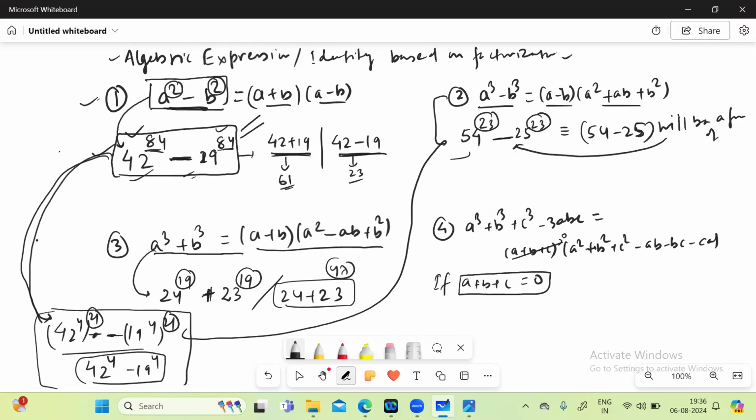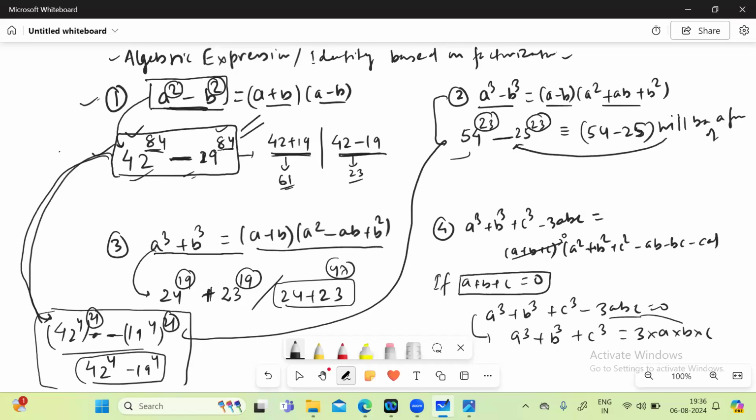That's why A cube plus B cube plus C cube minus 3ABC will be 0, and this gets converted into another formula: A cube plus B cube plus C cube is equal to 3 into A into B into C.